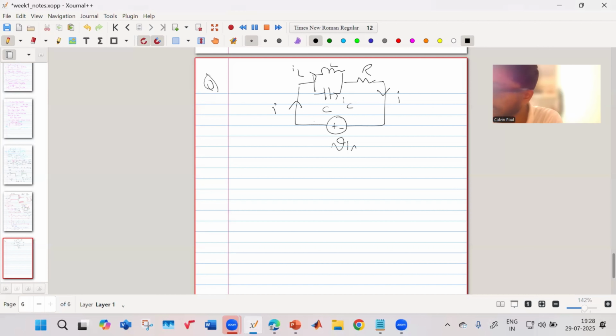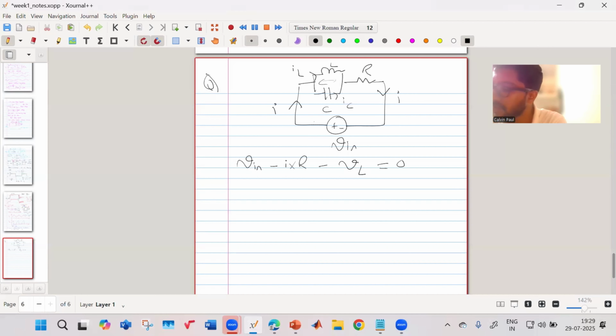So first we apply KVL, as he has suggested. So we'll do Vin minus I into R minus this voltage. Let us name this voltage VL. Vin minus I into R minus VL is equal to 0.